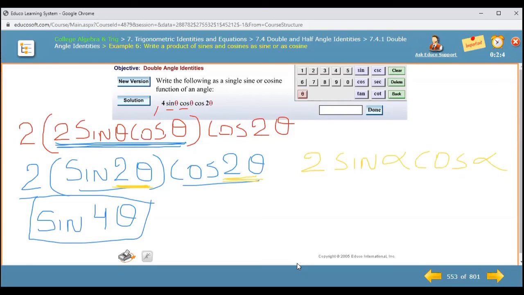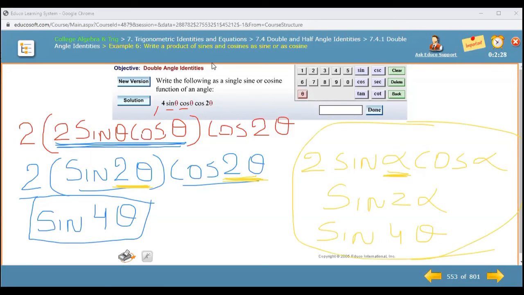And what is that? That is actually sine 2 alpha. And what was alpha? Alpha was 2 theta. So if I give it back, it becomes sine 4 theta.